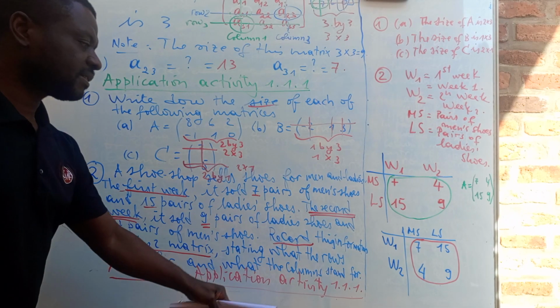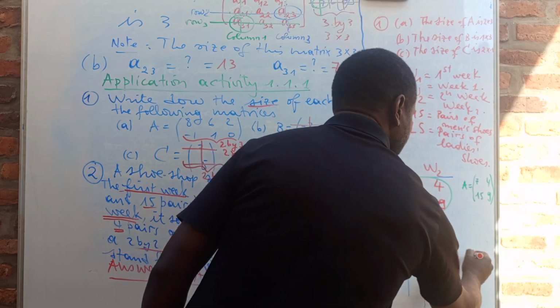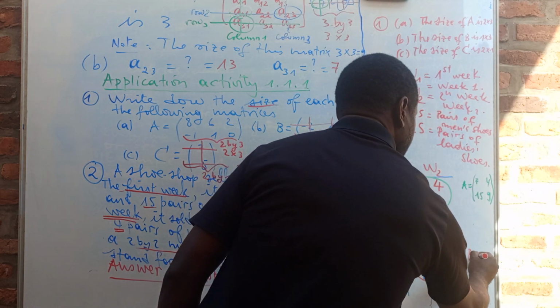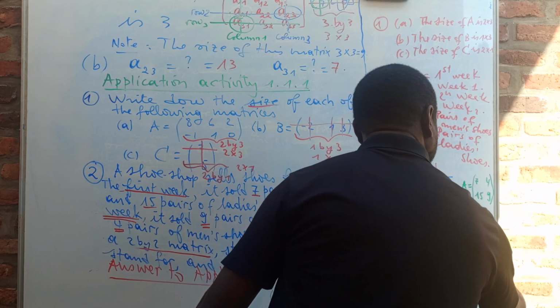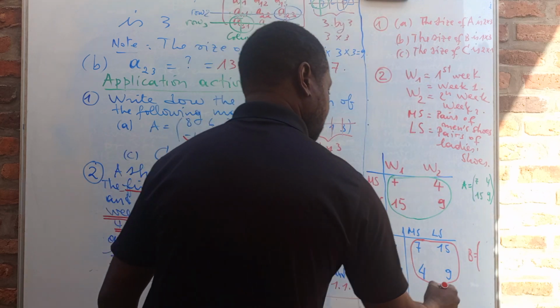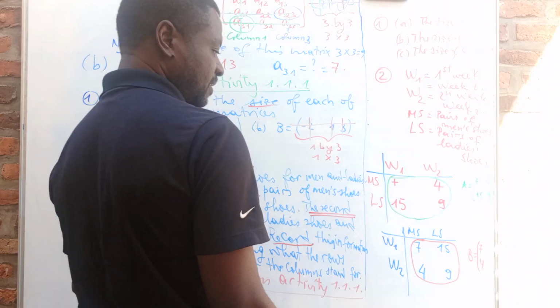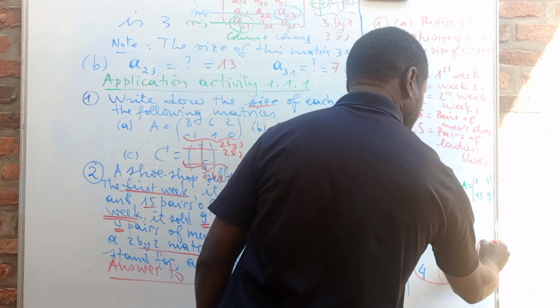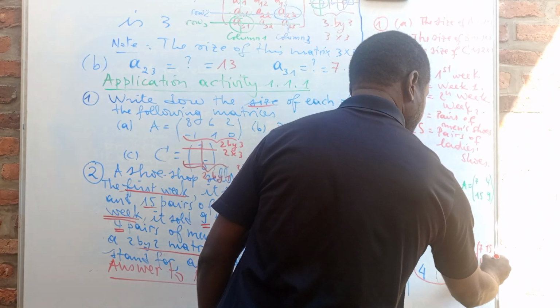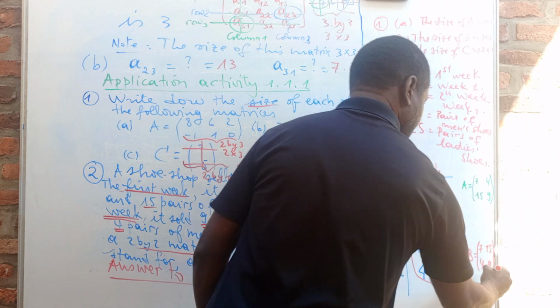Both are square matrices, but let us call this matrix B, whose first column is 7, 4, and second column is 15, 9.